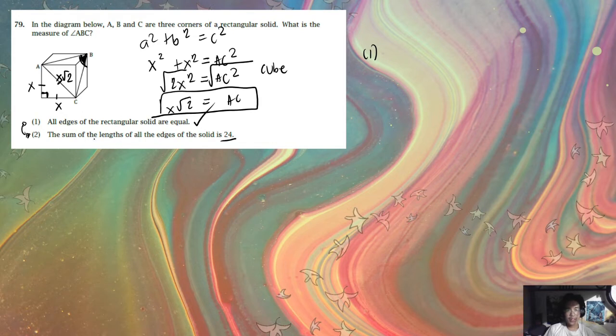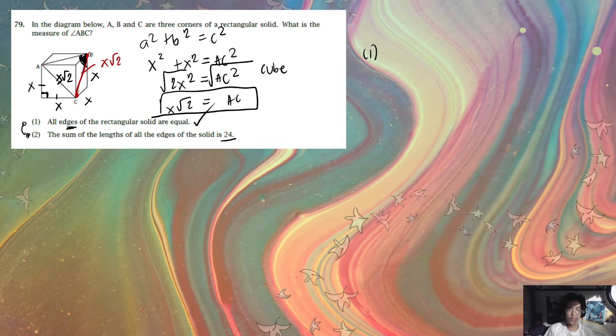According to this problem, all of the edges of the rectangular solid are equal. If this is x, this should be x, and this should also be x. Therefore, this diagonal over here, this line segment, is x square root of 2.